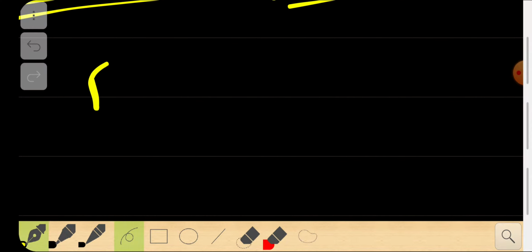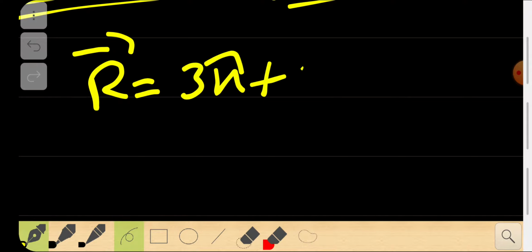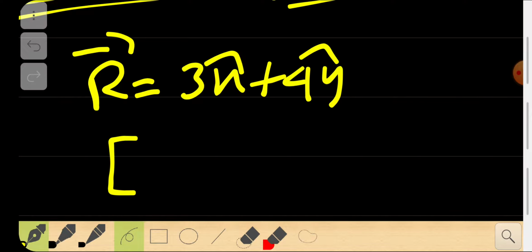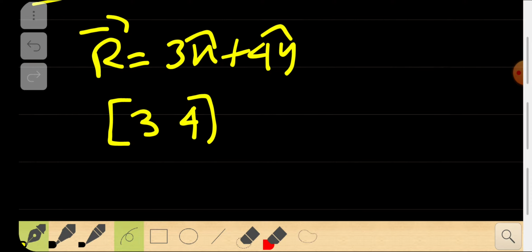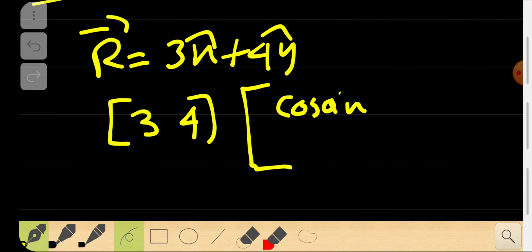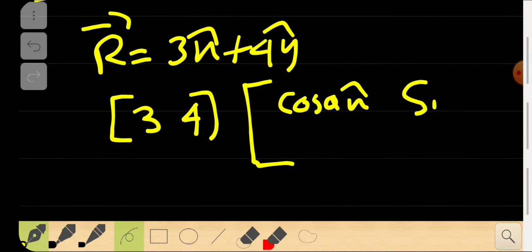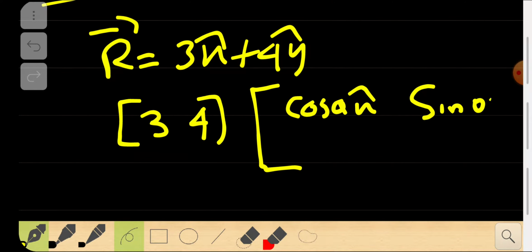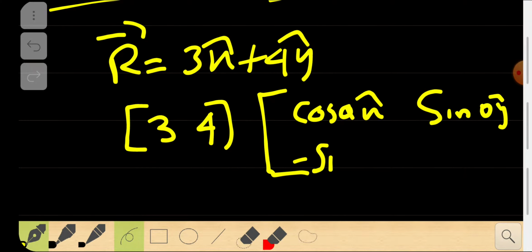So if you want, you can take a vector 3x cap plus 4y cap, right? That's a vector in a two-dimensional space, and you can multiply the magnitude vectorially with the rotational matrix, which is cos theta times x cap and sine theta y cap, and then there is minus sine theta x cap and cos theta y cap, right?